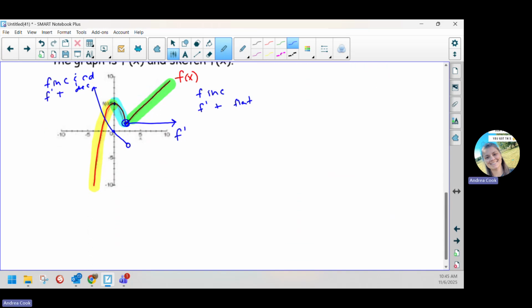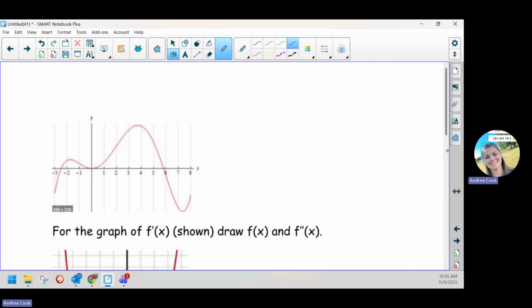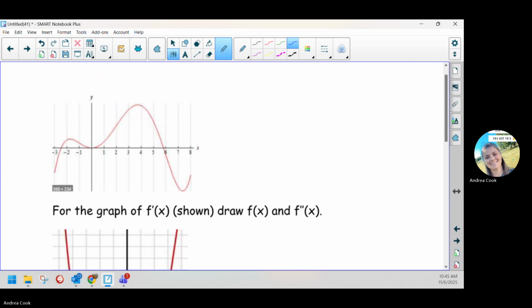The next example. So again, this is f of x. What I'm going to do is label my horizontal tangents with points. And I'm also going to look where my points of inflection are.